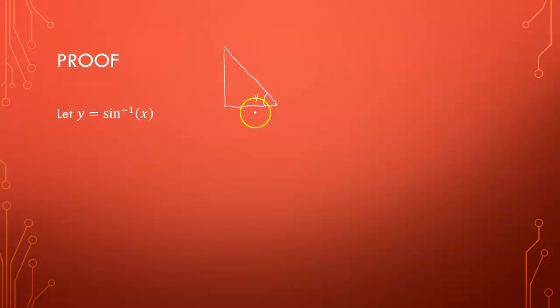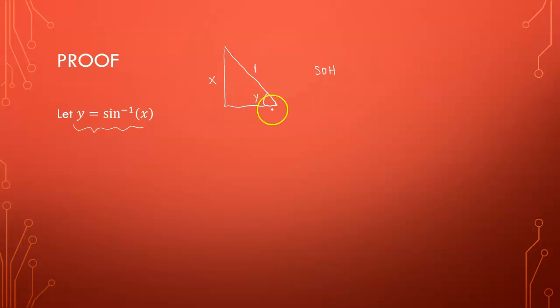I know that sine y is equal to x, so if I think SOHCAHTOA, I'm going to give the hypotenuse a length of 1, and I'm going to say that this distance is x. This triangle fits this situation. It's maybe a little bit confusing because x is the sine, but that's because of the setup that we used here.